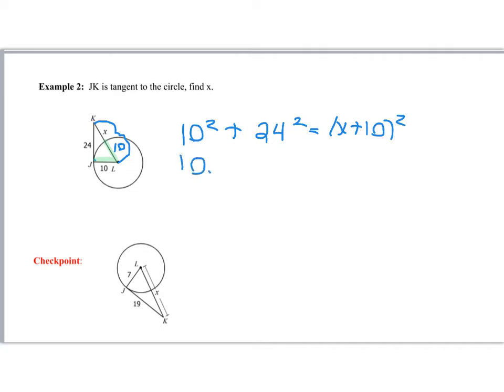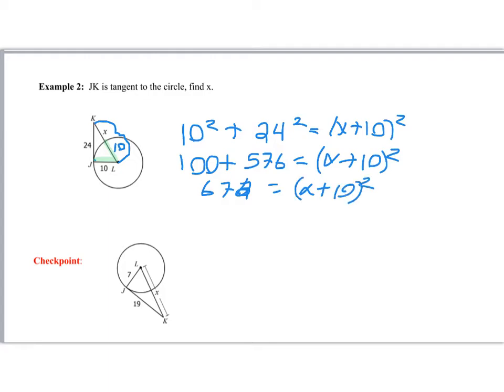So we've got 100 plus 576 is equal to, and let me just leave this as X plus 10 squared. So this is 676, and this is X plus 10 squared. To get rid of the square, remember we just square root both sides. So we've got the square root of 676 equals X plus 10.